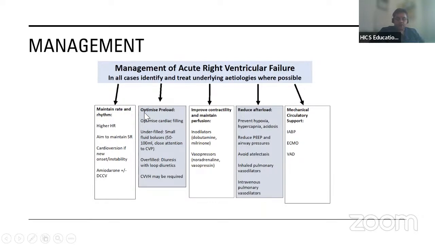You need to optimize the preload to optimize the cardiac filling, and underfilled ventricles would need small fluid boluses with close attention to the markers of hypervolemia. If the patient is overfilled, you need to give diuretics, and sometimes you may have to ultrafilter the patient with CVVHDF to achieve your goal.